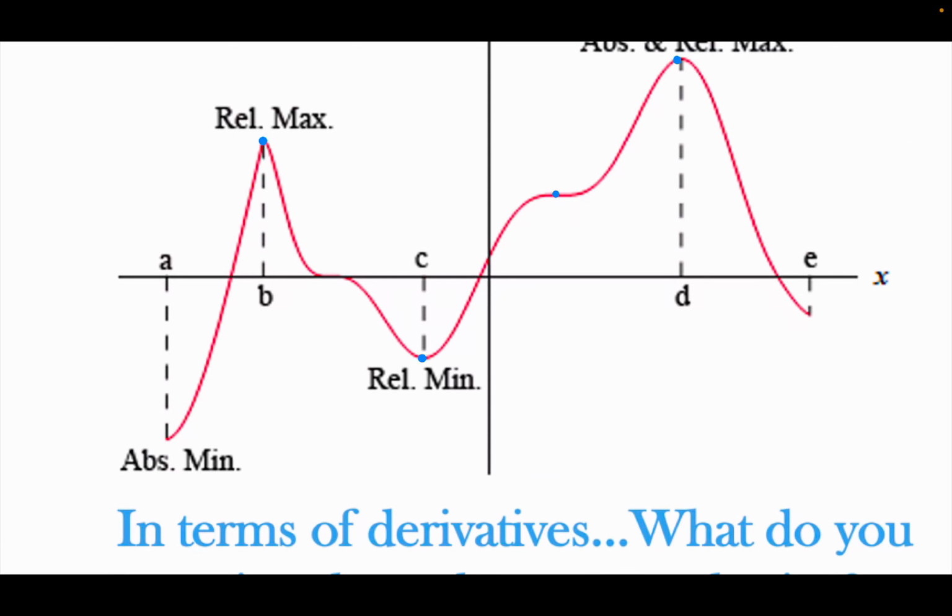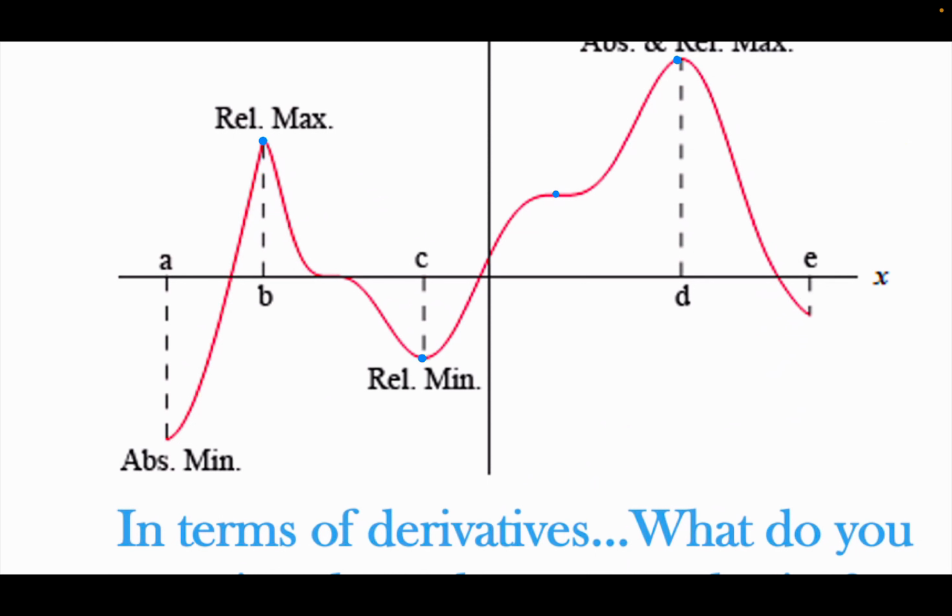They're important because they represent maximums and minimums. So if the derivative is positive, the original f of x is increasing. If the derivative is negative, I am decreasing.